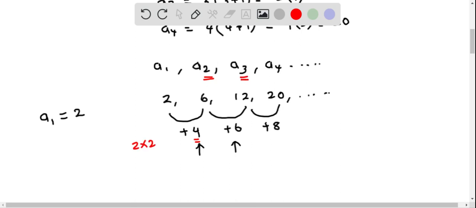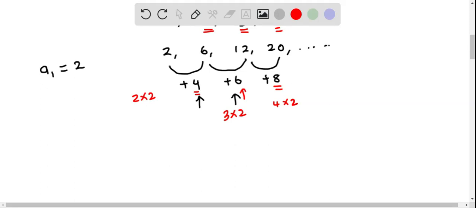And when n equal to 3, we have to add 6, which means we have to do 3 times 2. And when n equal to 4, we get 8, that is we have to add 8 with the previous term. So it is 4 times 2. So every time, when n equal to 4, we just have to add the number as 4 times that n.